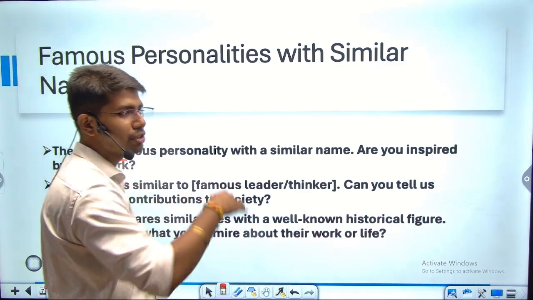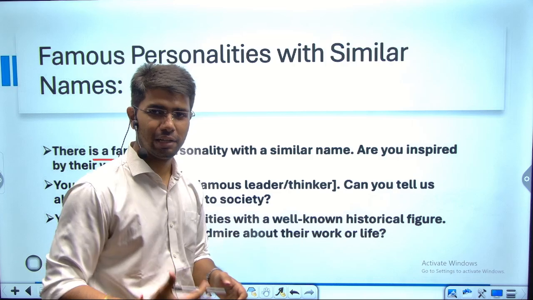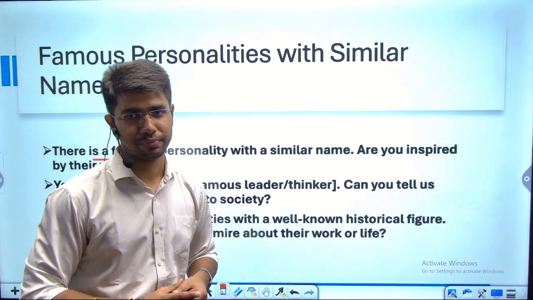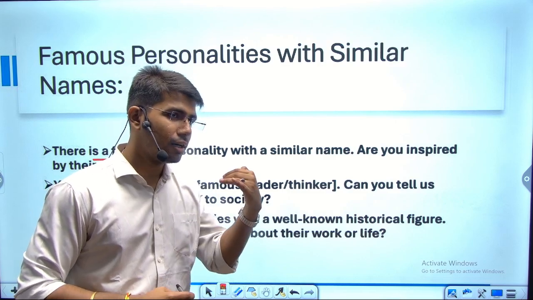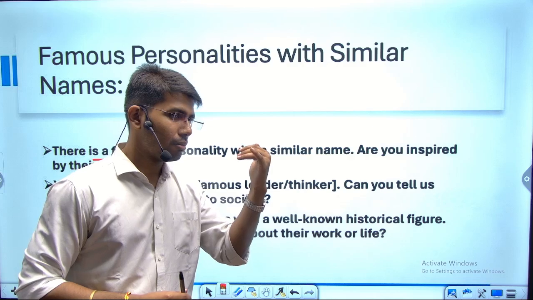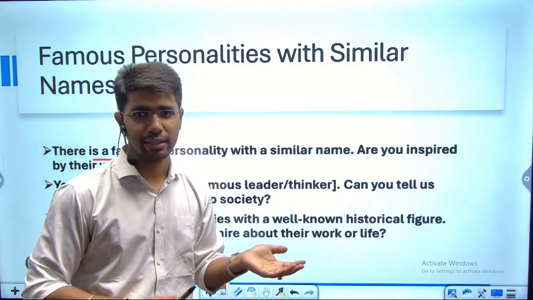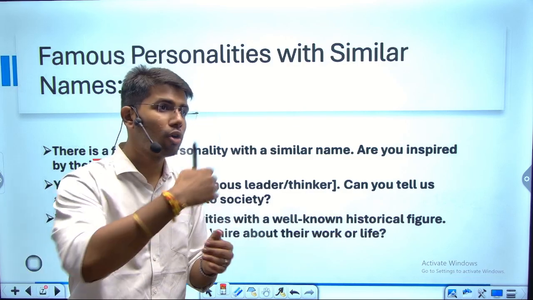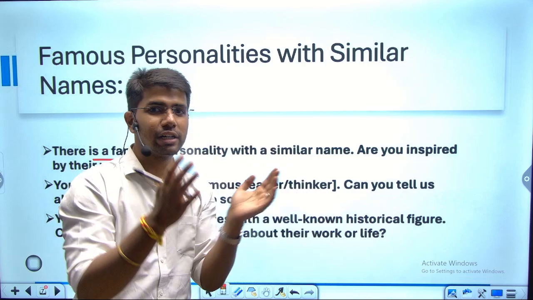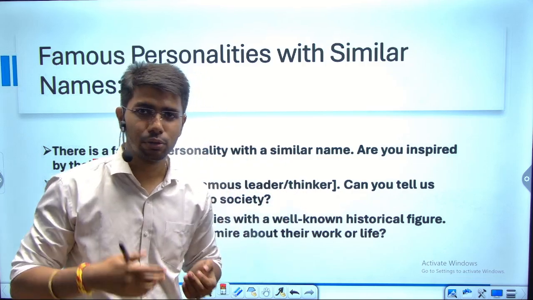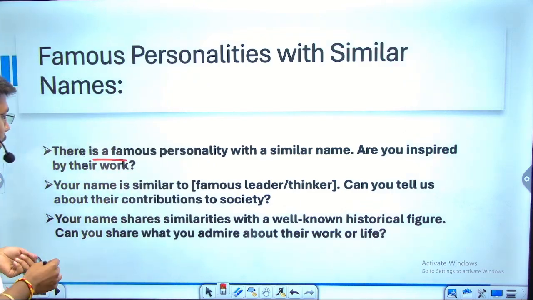So again, in my case, Abhishek Bachchan is the obvious famous personality. I had to study a lot about Abhishek Bachchan, the start of his career, did he succeed, if he did not succeed, why he didn't succeed, that he has not risen to the level of his father, all those criticisms and everything, even though I was not asked the question on that, but I had read it. You should also study about your own name like this.